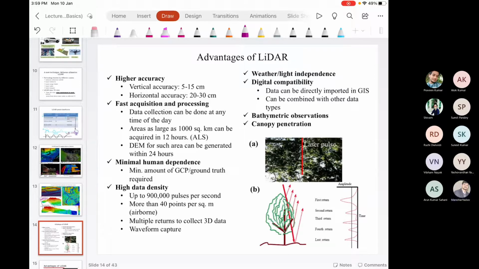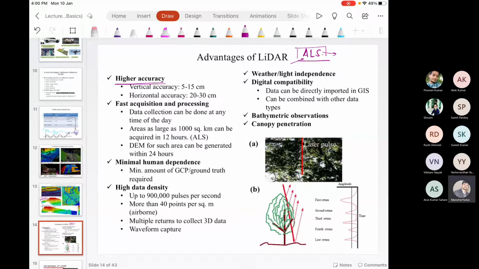Okay. So airborne laser scanning. Generalized LiDAR systems which are used in airborne laser scanning, some values are highlighted over here. Like in LiDAR we will get high accuracy.